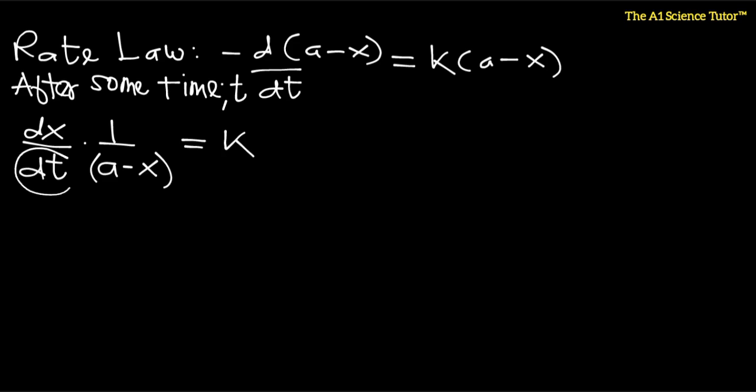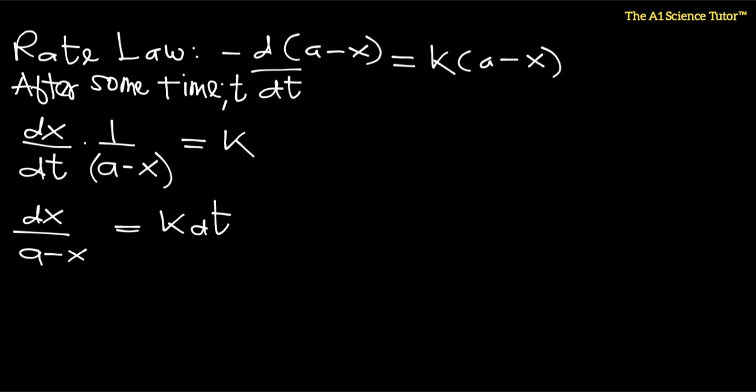Now I'm going to take dt and bring it to the other side as I cross multiply, and so I'm just going to leave a minus x as a denominator in the left hand side. So this is going to be dx divided by a minus x, and this will be equal to k dt, right? Now, the next thing that I need to do is to integrate both sides of this equation at upper and lower limits.